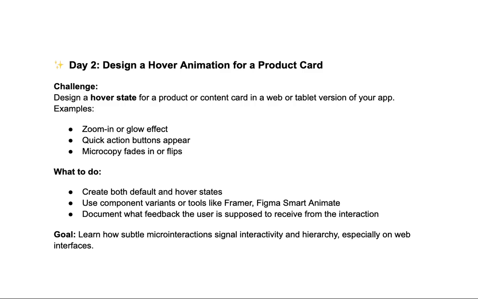But there are just a number of things that you could do to show that something is interactive and begin to communicate how you might interact with that. So create the default and hover states, and document what would happen in those hover states.